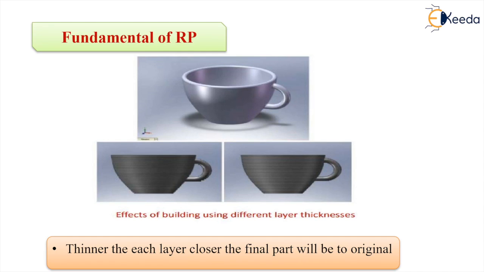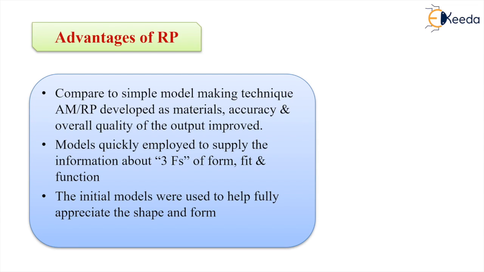And at the same time, we have to put our minds on the overall cost of these machines and processes. So these are the things we should study before going into the process. Understood? Good. Now let us see the advantages of rapid prototyping.